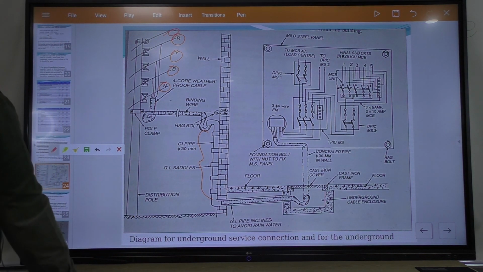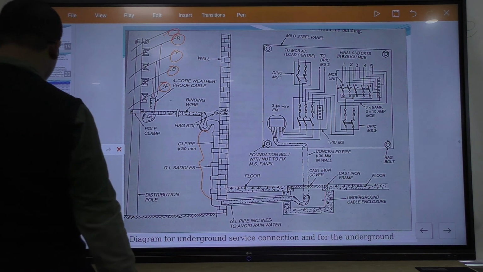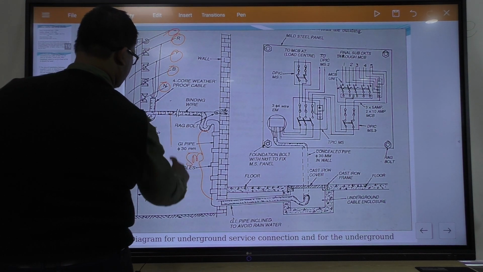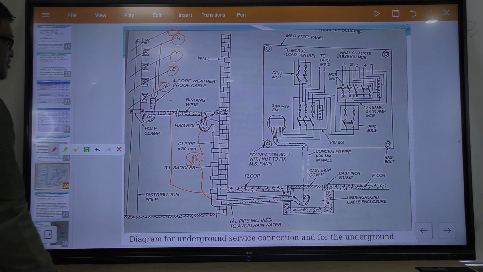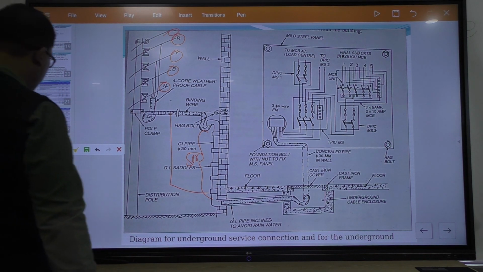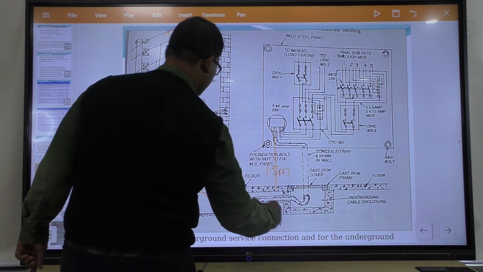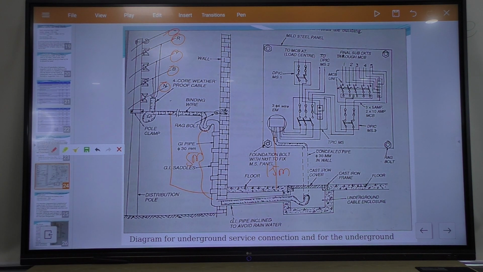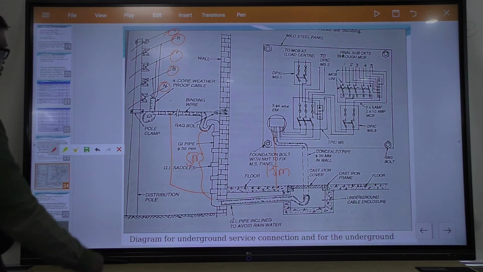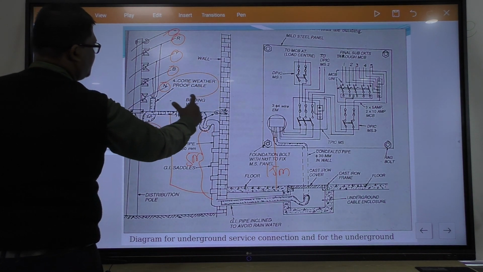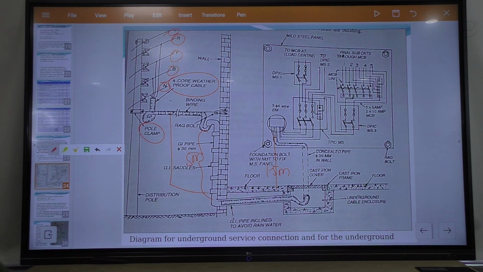This distance is 5 meter. Service connection received at a height of 5 meter. Energy meter at a height of 1.5 meter from floor, and this is the pole clamp. This is 4 core weatherproof cable. This is what we require, 4 core weatherproof cable.